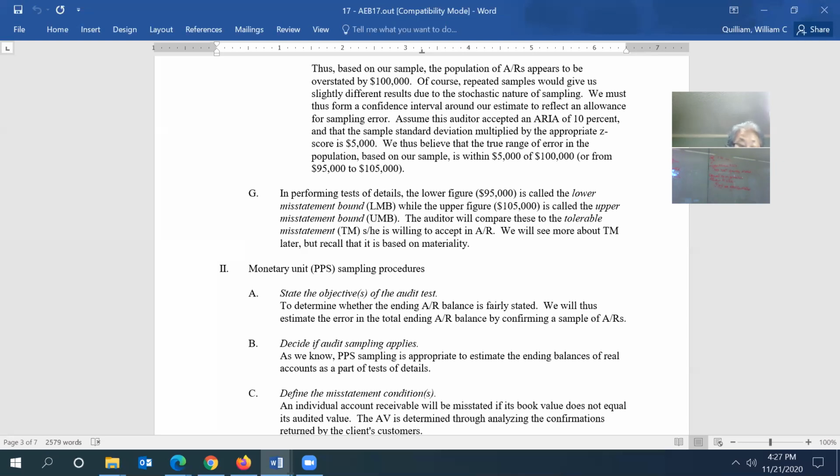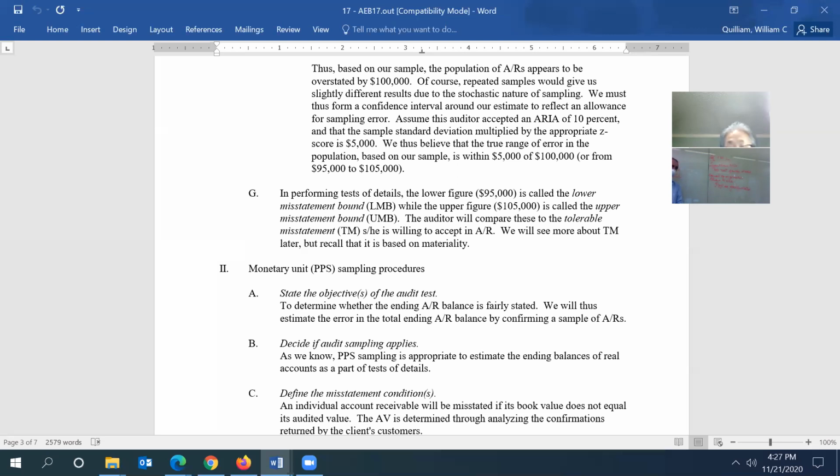You can go ahead and give the client a clean opinion if nothing else is materially wrong. On the other hand, up here, tolerable misstatement is less than 105,000. Population of accounts receivable is not fairly stated.